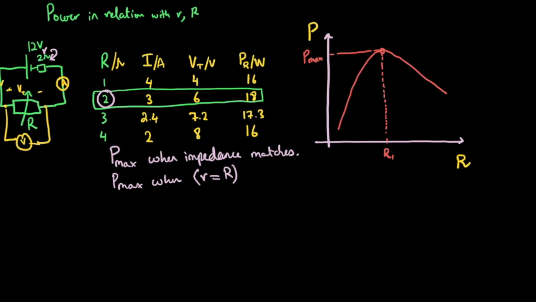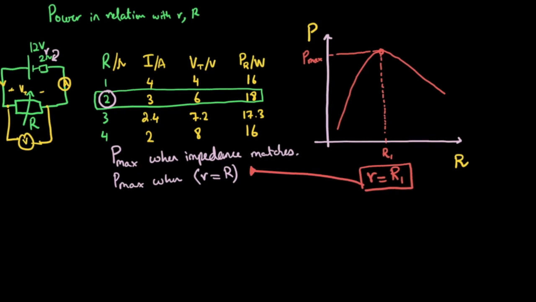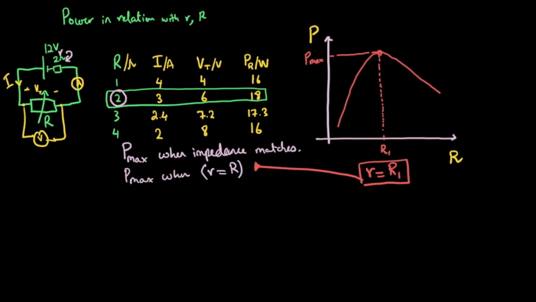You will say that the internal resistance also has the same value R1 because of this fact that I've mentioned, that power dissipated is always maximum when the impedances match. Very important concept, and if you do get a good grip on it, hopefully this will not trouble you.